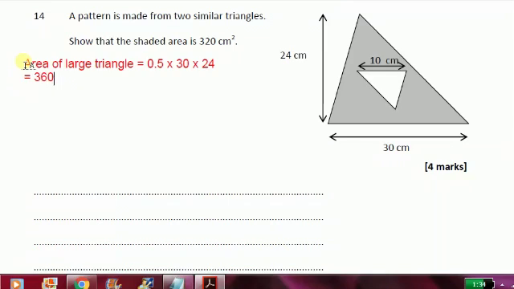Now, what do I know next? We are told that the smaller triangle is similar, because it says two similar triangles. The small triangle is similar to the large triangle. It doesn't look similar, and that's because it's been rotated around, it's turning upside down.